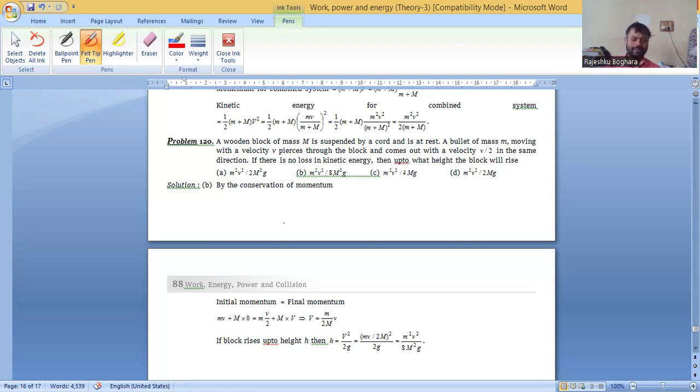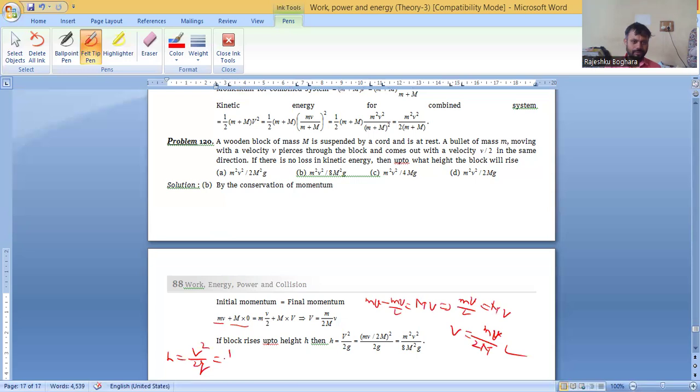So initial momentum equal to final momentum. So mv plus initial momentum of the wooden block, which is 0, equal to mv by 2 plus MV. Then we take this mv by 2 to the left side: mv by 2 is equal to M into V. Then V is equal to mv by 2 capital M. This we have to remember. Then the block rises up, so h is equal to V square by 2g.